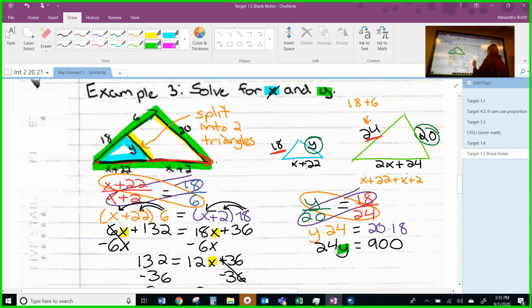Here's where my y is. Again, I want to get it by itself, so I'm going to divide by 24. And I get y equals 15.